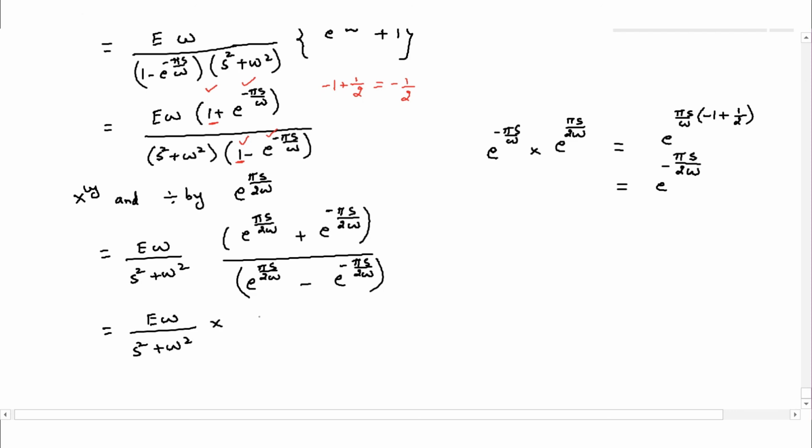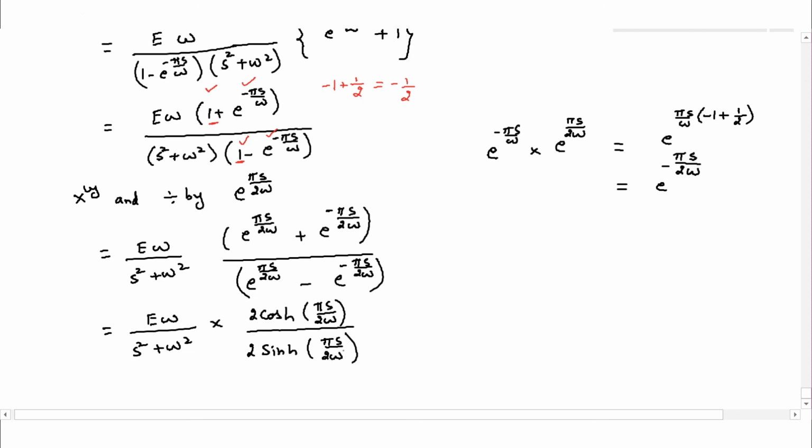The numerator corresponds to the hyperbolic function, 2 cosh of pi s by 2 omega. The denominator corresponds to your sine hyperbolic function, 2 sinh of pi s by 2 omega.